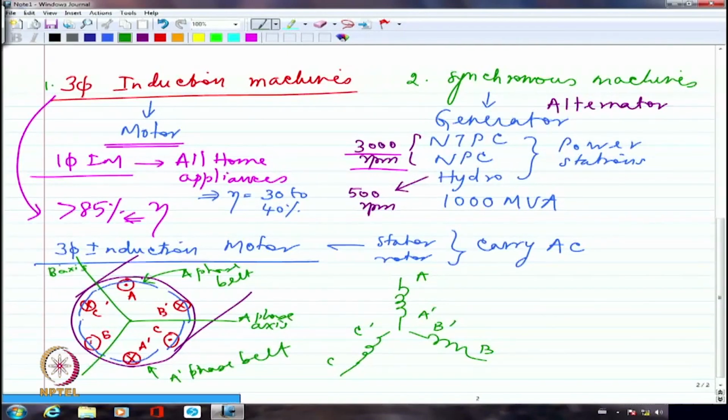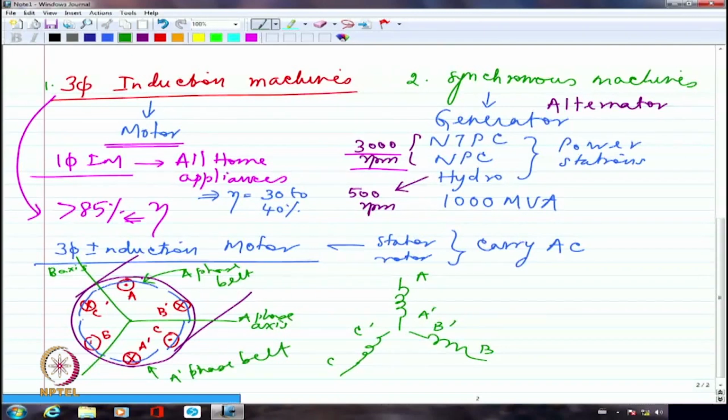Geometrically, or physically, I'm going to place the windings in the stator in such a way that the axis of A phase, I'm looking at it this way. This is a dot, so the current is going like this. So I have taken it that way. So this is the magnetic axis of A phase, right? Because the dot is on the top, the magnetic axis is pointing in this direction, right? So that's what I'm talking about. I can essentially talk about all three phases having their axes shifted from each other by 120 degrees.